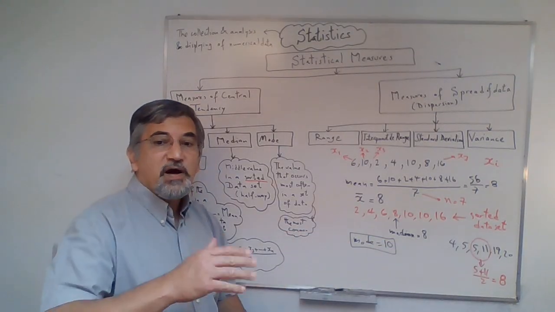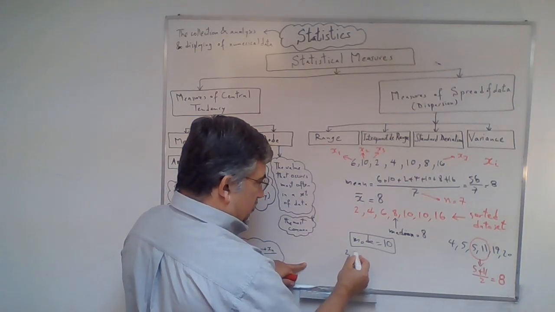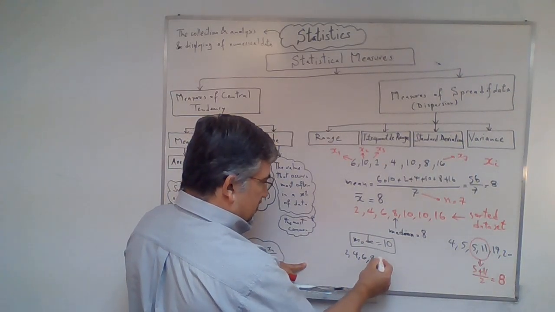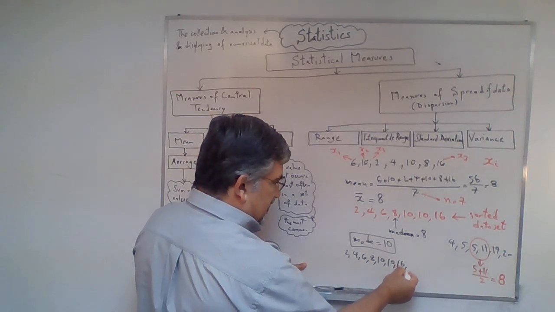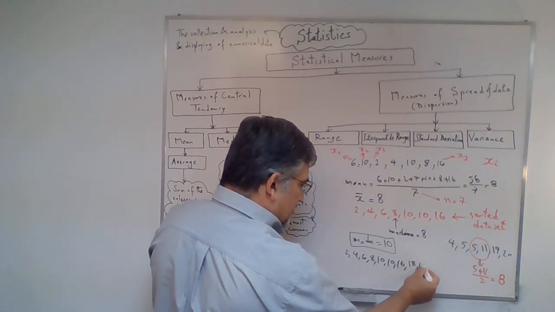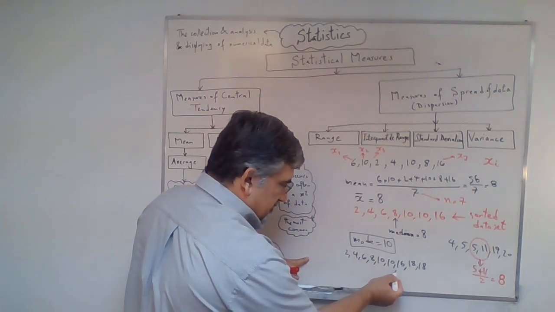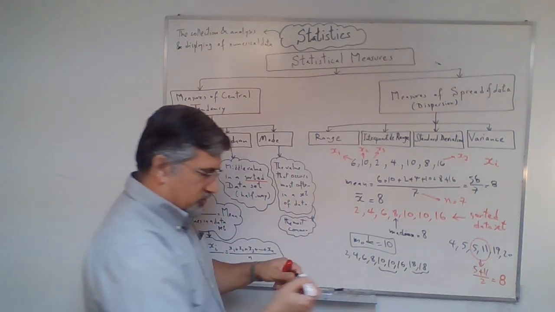One is 10, one is another number. Then we call those bimodal data. Let me give you an example. Let's say we have 2, 4, 6, 8, 10, 10, 16, okay. And let's say we have 18 and 18 again, okay. So you see that 10 is repeated twice, 18 is also repeated twice.